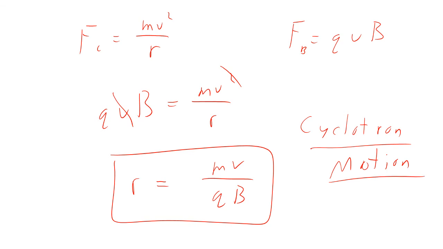So this would be the cyclotron radius. All right, so now we have an idea here that we have things going around. Now that actually turns out to be useful in a variety of different aspects. And so we'll get to those in a moment.